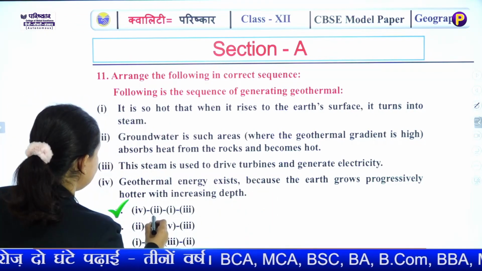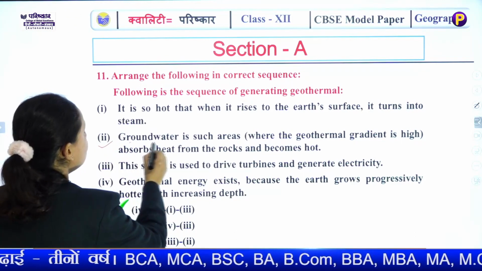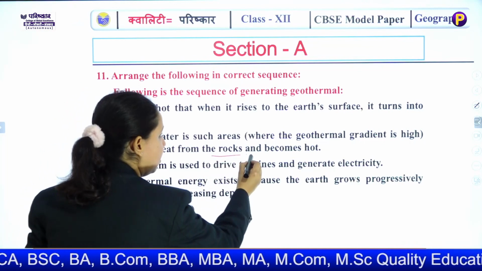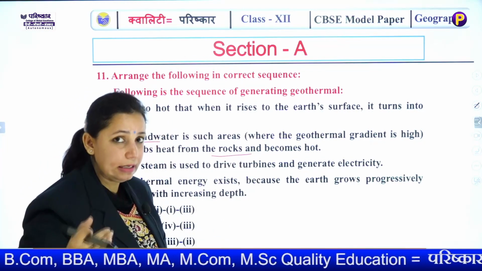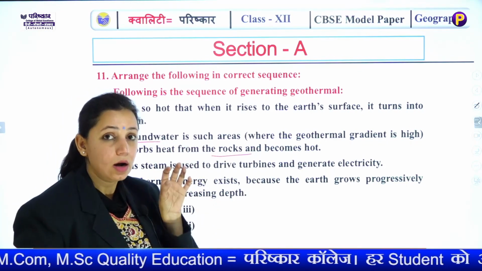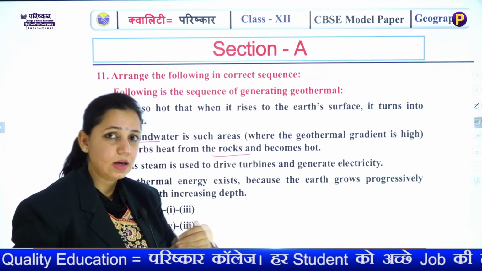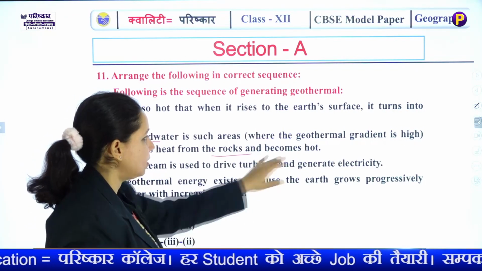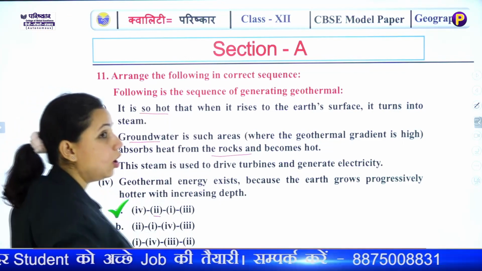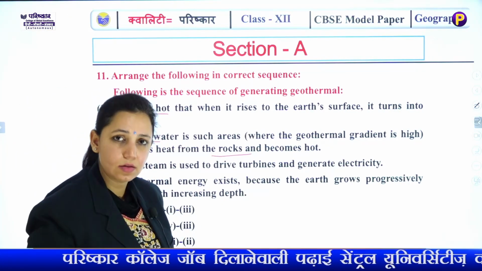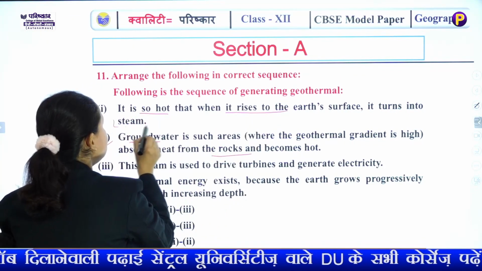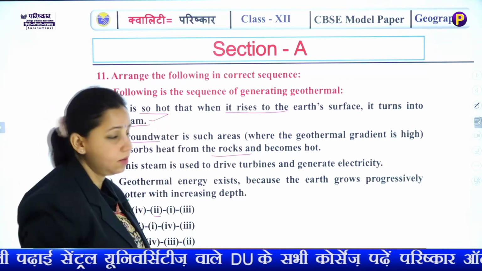Then the second option, groundwater in such areas absorbs heat from the rock, and rocks do transmit heat. So the groundwater in certain areas gets hotter because it gets heat from the adjoining rock. It becomes so hot that the liquid turns into gaseous form, and when it rises to the earth's surface it turns into steam, right?